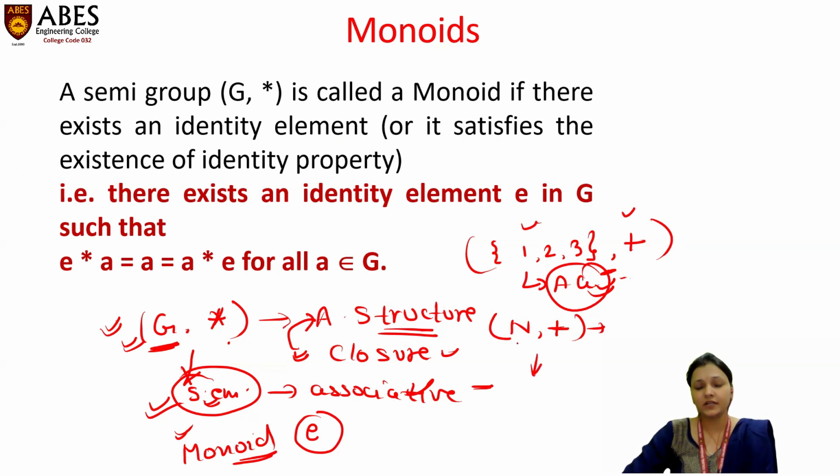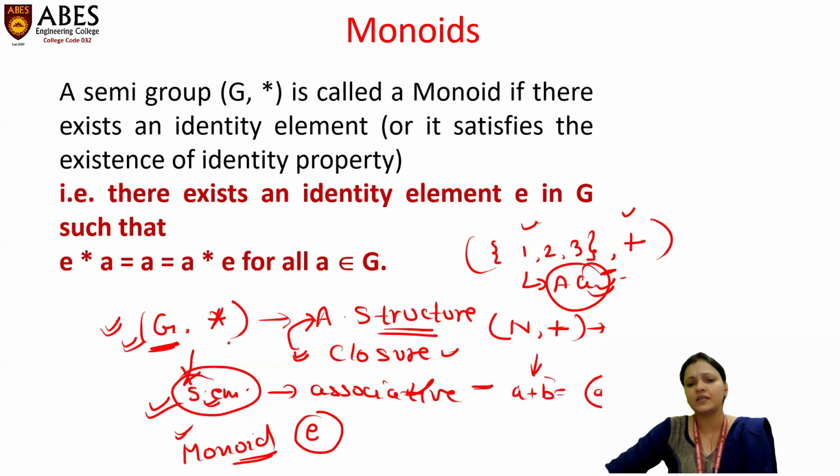For this, we will check for the associative property. When adding any two natural numbers, the associative property will always be satisfied, as we cannot change the association between two operands, and we are checking just for two natural numbers. So A plus B will always remain A plus B. So the associative property will be satisfied. So this is a semigroup also.